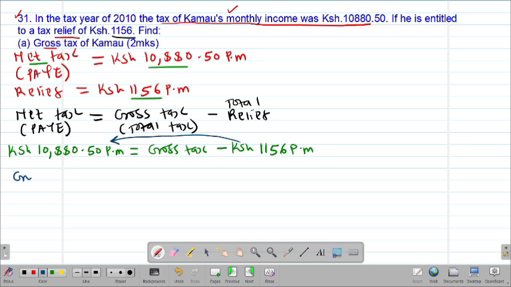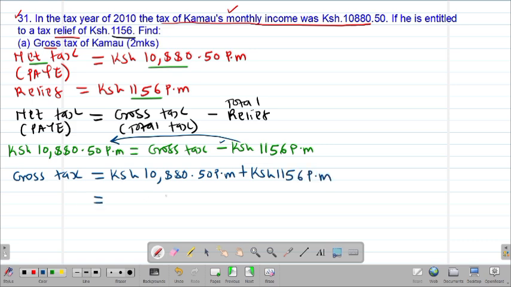Therefore, the gross tax will be equal to Kenya shillings 10,880 and 50 cents per month. If it crosses the equal sign, the negative will change to a positive. So plus 1156 shillings per month.